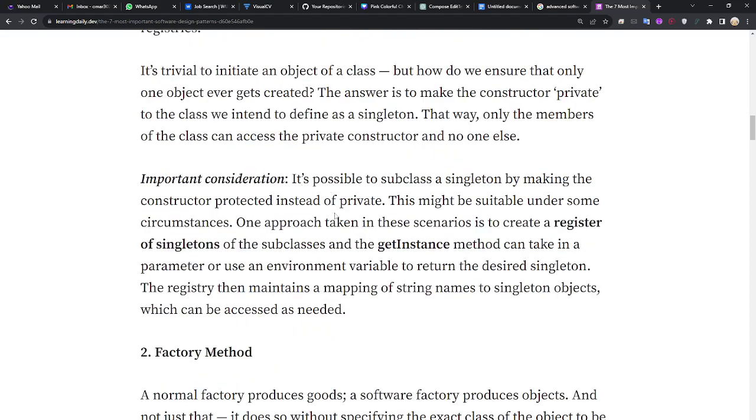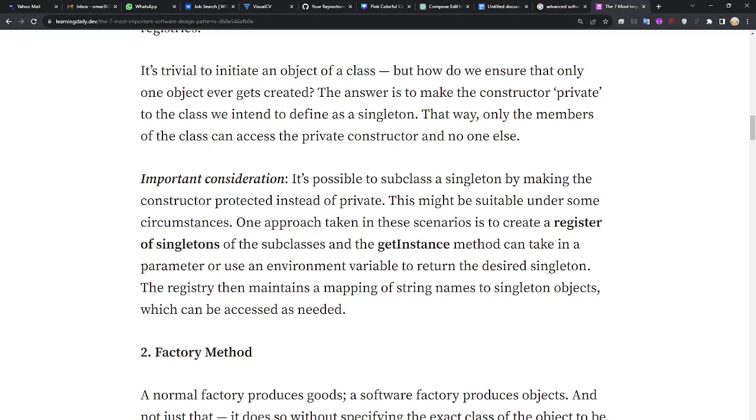Important consideration: it's possible to subclass a singleton by making the constructor protected instead of private. This might be suitable under some circumstances.